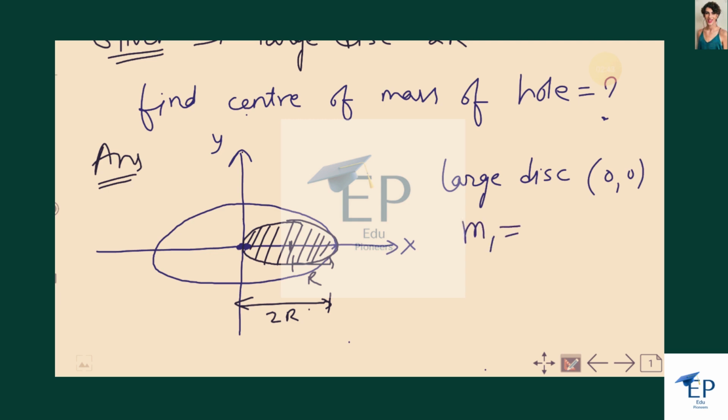I consider the thickness of the disk to be t, and the density is rho.